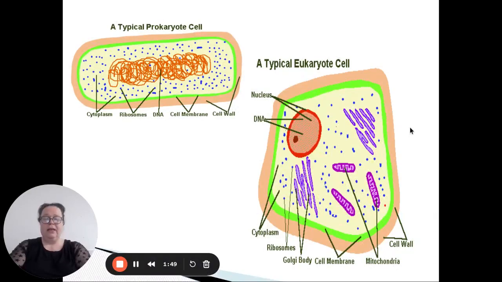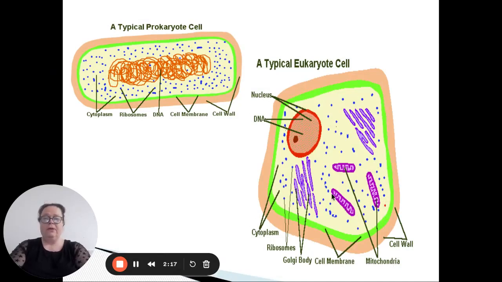The first thing to look at is the nucleus. Okay, so the nucleus here has a membrane around the outside and all the DNA is in the middle. Whereas in a prokaryotic cell, the DNA is just floating around in the cytoplasm. That's our first clue. Our second clue are these little beasts here, these mitochondria.